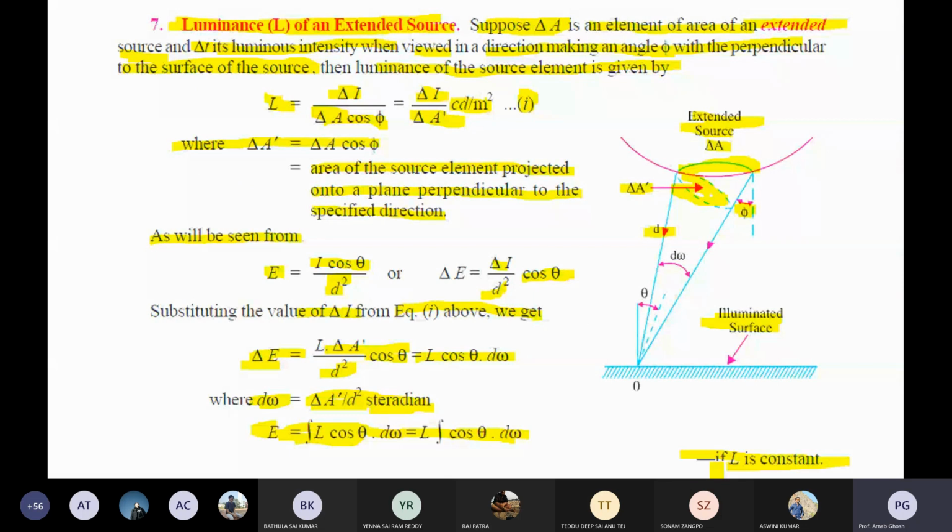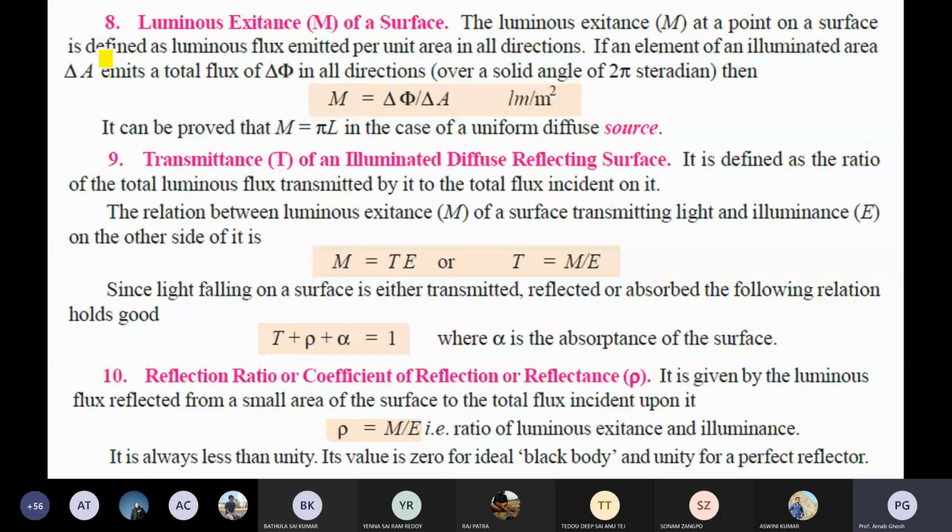The unit is lumen per watt. For the relation, lumen equals 4 pi into MSCP, where MSCP means mean spherical candle power.